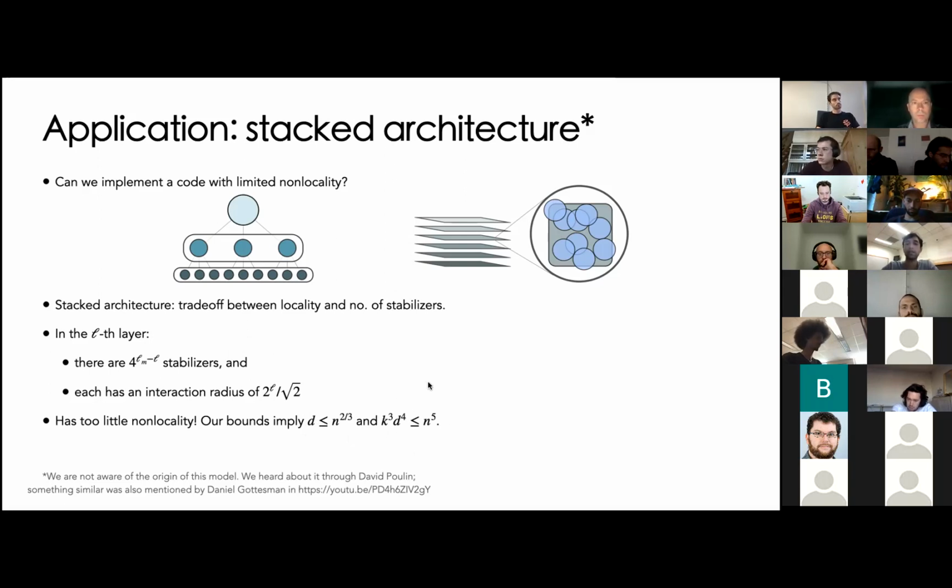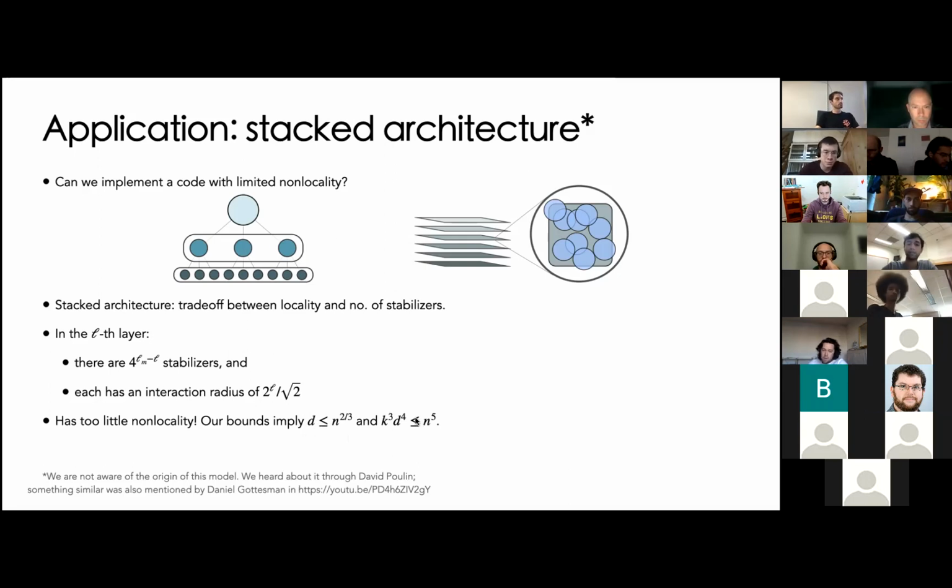And then there also happens to be a trade-off between k, d, and n. So there are these exponents 3, 4, 5: k cubed times d to the 4 is less than n to the 5. And if your code violates either of these bounds, then it's not going to be possible for you to implement such a code using a stack architecture.